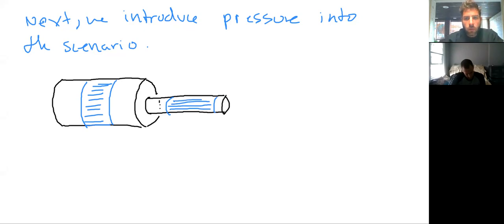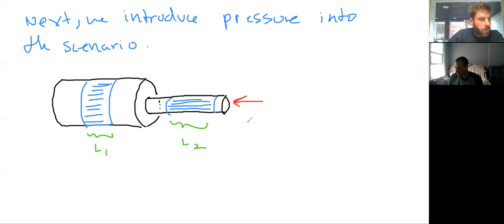We gave names to these things earlier, you know, we can call this L1, we can call this L2. But now we want to think about what's happening at the ends. What we haven't talked about yet is you have some sort of force. We'll call it F sub 2, and we know what force is. It's pressure times cross-sectional area. And then similarly, you have it over here.